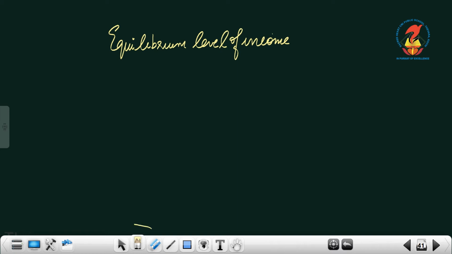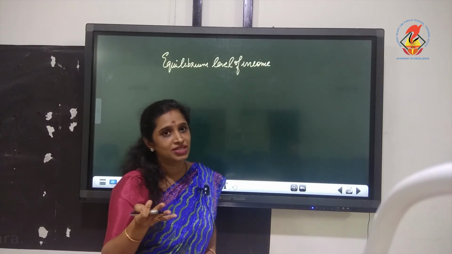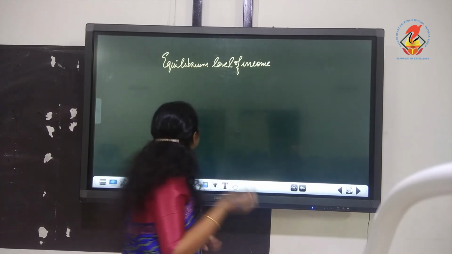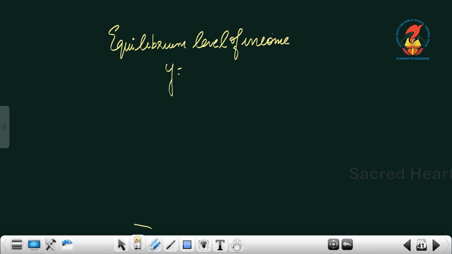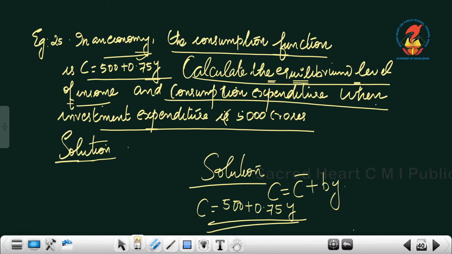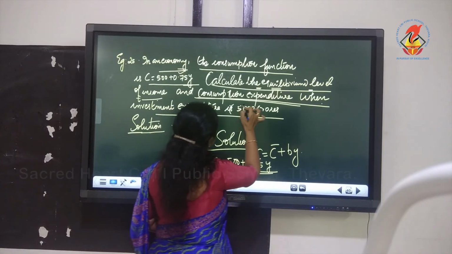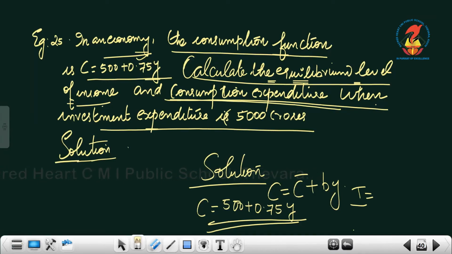Because you know equilibrium level of income is attained at a point where Y is equal to C plus I. Now, you are also asked to find out consumption expenditure at that equilibrium level of income when the investment is given as 5,000 crores. So, the value of investment is also given as 5,000 crores.